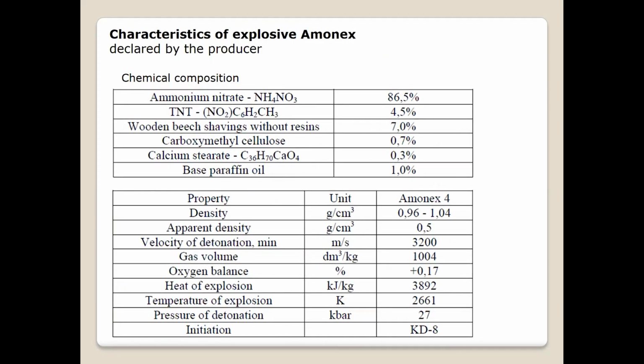The producer has given some declared characteristics, for example, a velocity of detonation of 3,200 meters per second, but we wanted to check this. And what is important to say about this Amonex explosive regarding its composition is that most of it consists of ammonium nitrate, like an oxidizer, and a small amount of TNT with a very small amount of inert additives.